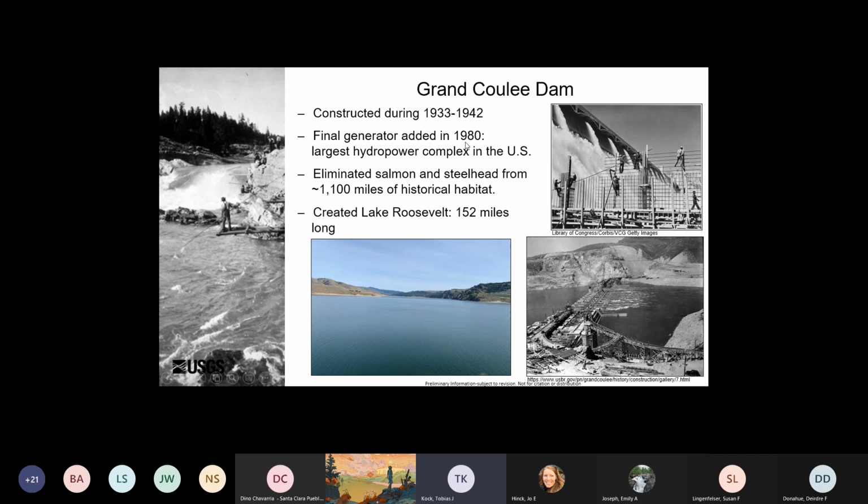The final generator was added to the complex in 1980, which made it the largest hydropower complex in the United States. And as I already mentioned, it eliminated salmon and steelhead from about 1,100 miles of habitat upstream, and it impounded Lake Roosevelt, which is approximately 152 miles long. There was no fish passage included in the design of Grand Coulee Dam.